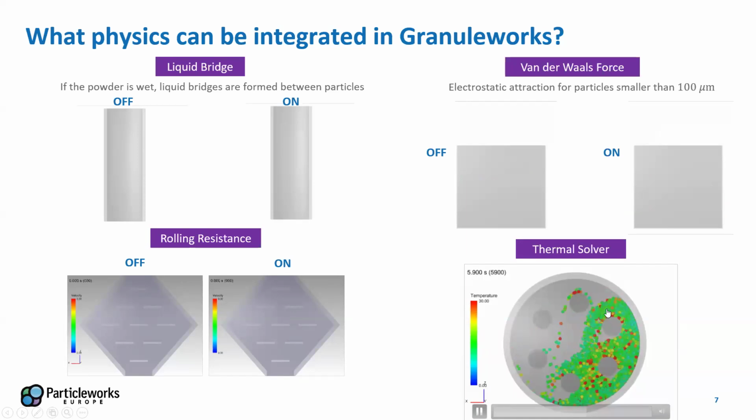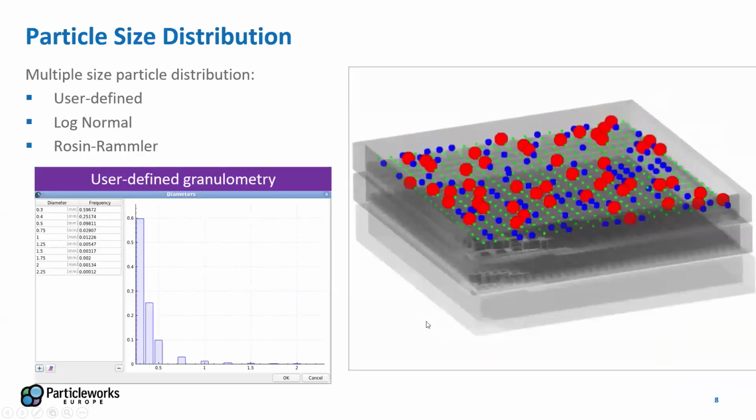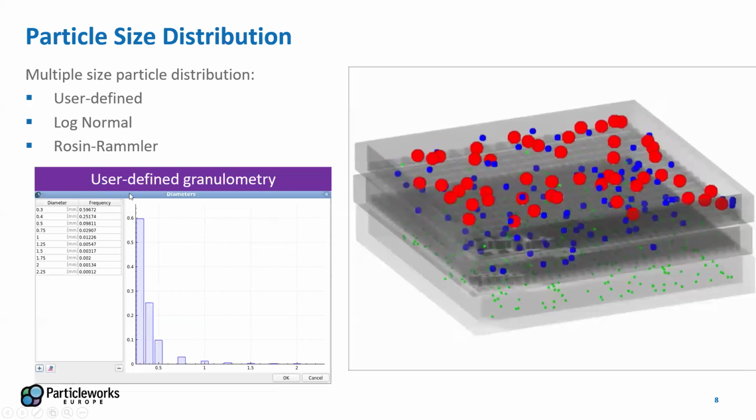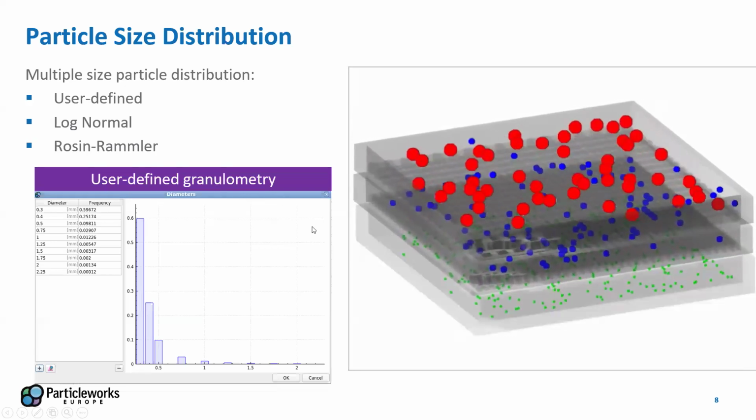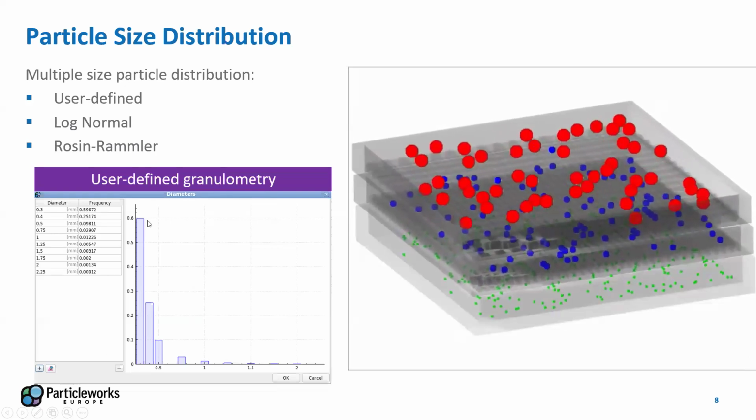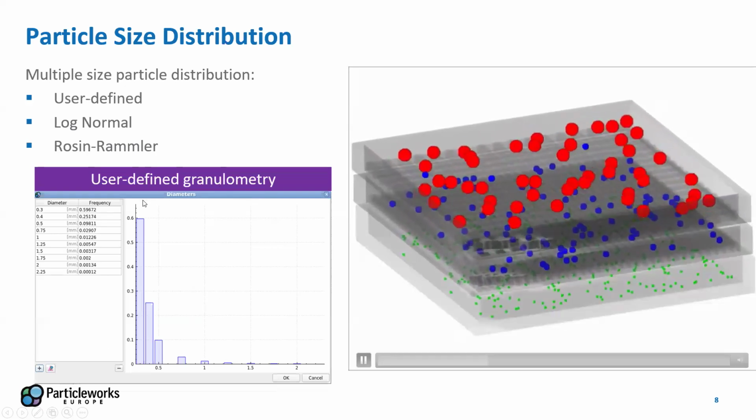And we could also have temperature-dependent viscosity if we have the fluid combined with the powder, viscosity variations. Another feature of the software is that we can have a user-defined granulometry. So basically, we can deal with a distribution of sizes in the particles.